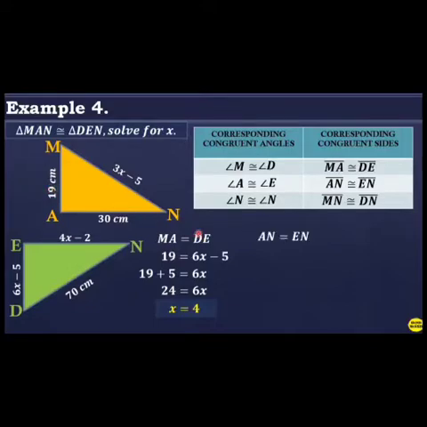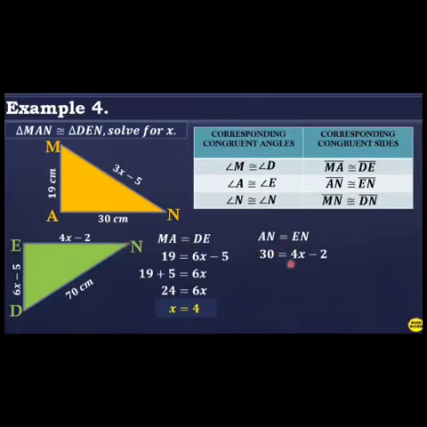Next, let's solve for x for AN and EN. So, since AN is congruent to EN, therefore, they are also equal. Okay? So, AN is equal to EN. So, kunin natin yung AN, which is 30. And then si EN, that is 4x minus 2.